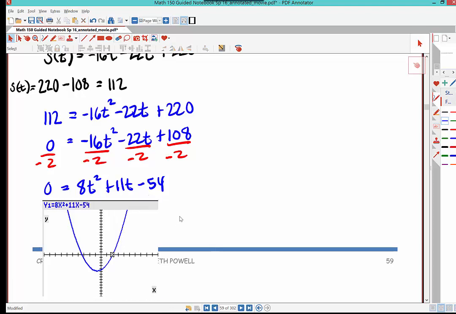Okay, so we found our zero to be t equal to positive 2. We're not interested in the negative one because time can't be negative.